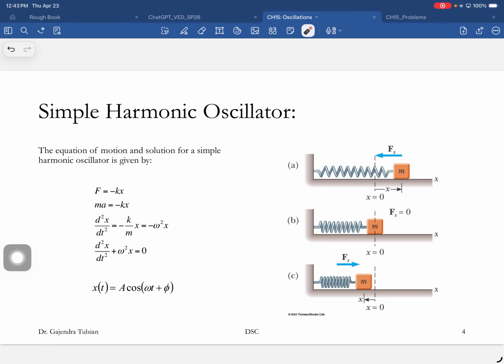When you want to study this system, what is it that you want to study? You want to know if you disturb the system, you saw that it oscillates. You want to know the position of this mass as a function of time. That's what you want to know. Remember, once you have the position as a function of time, you can calculate its velocity, its acceleration, and all kinds of stuff.